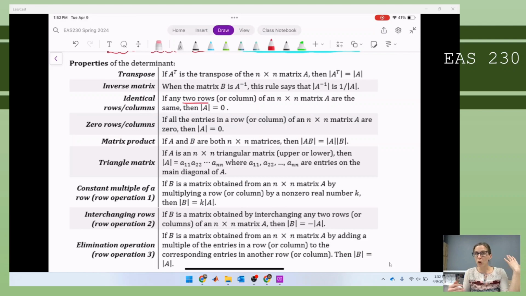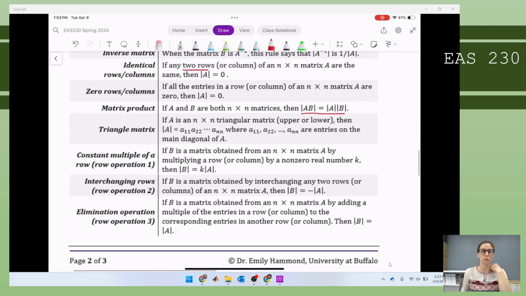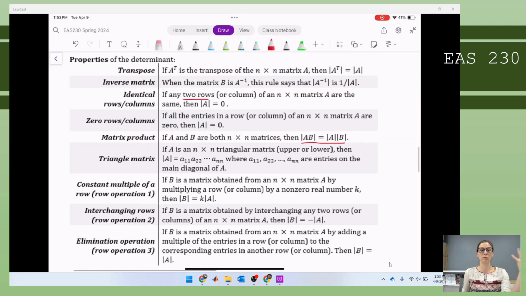If all of the rows or all of the columns are 0, then the determinant will be 0. If I have 2 matrices that are multiplied by each other, the determinant will be their determinants multiplied by each other. And we will explore these properties in class because we'll see them show up a couple times.